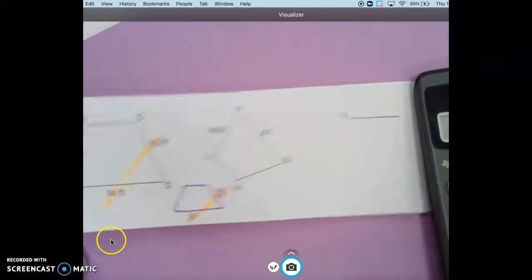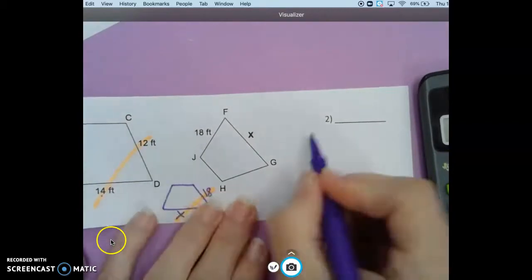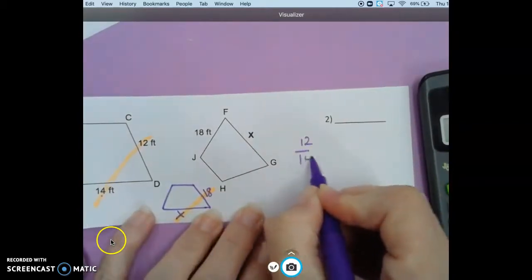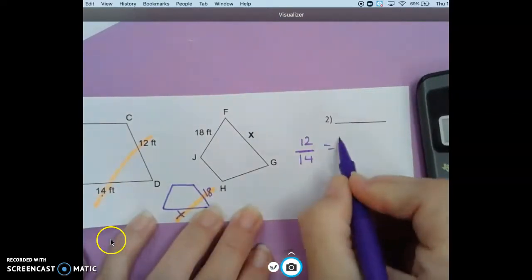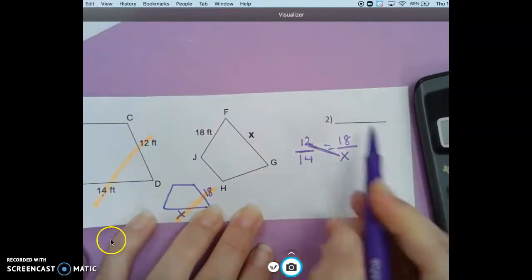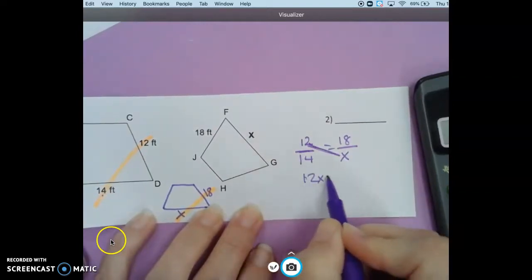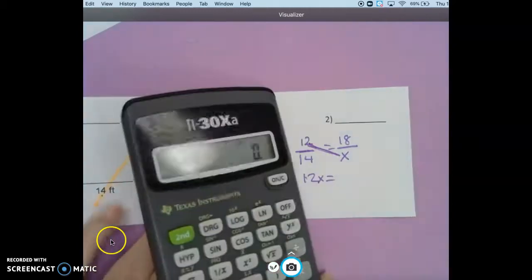So I'm going to slide this over a little bit. So if I do 12 over 14, then this has to be 18 over x. I like to start wherever my variable is, so that's going to be 12x equals, and I don't have enough room to show you everything I want to show you.